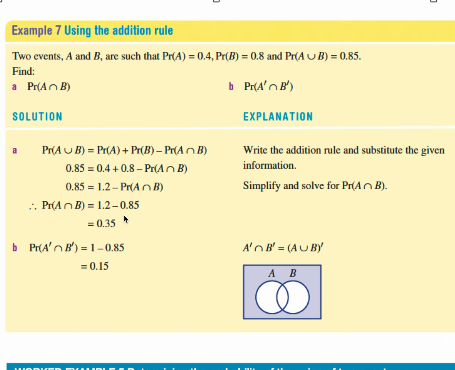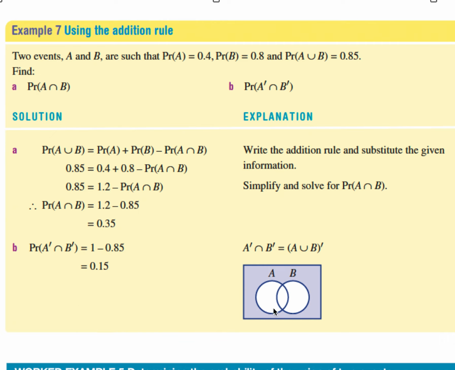Finally, we want to do the probability of not A and not B. So remembering that when we first did our Venn diagrams, when we were doing set notation and looking at this, the probability of not A and not B is the same as saying A or B not.